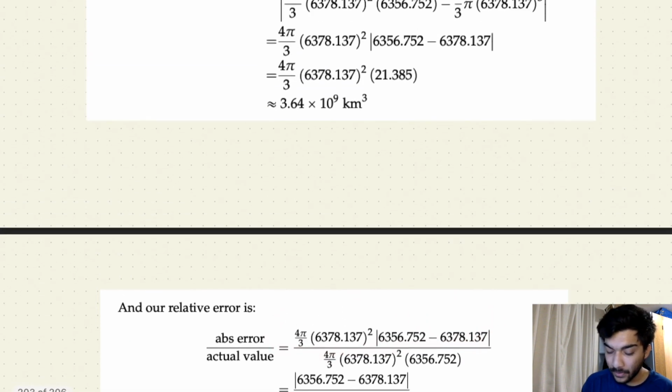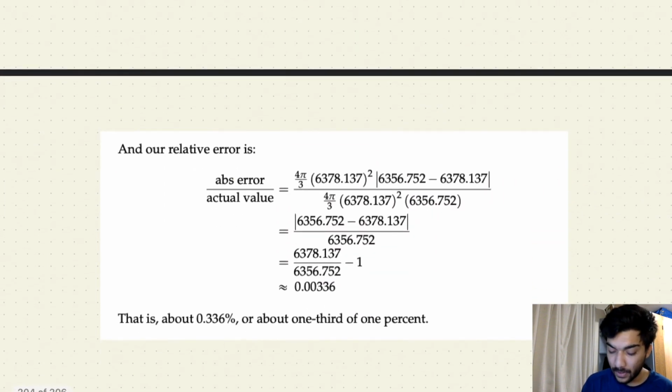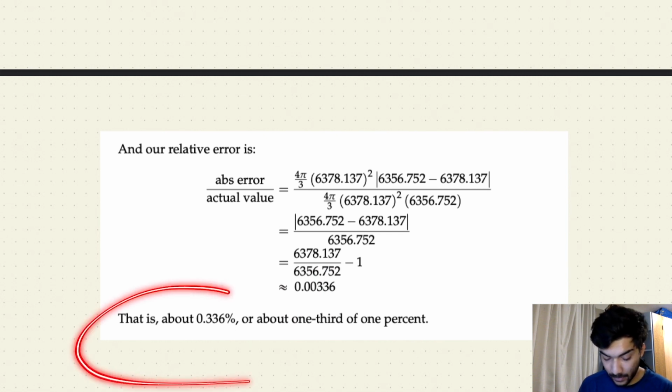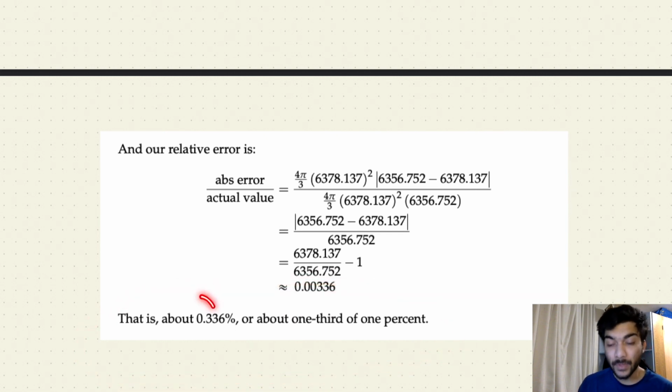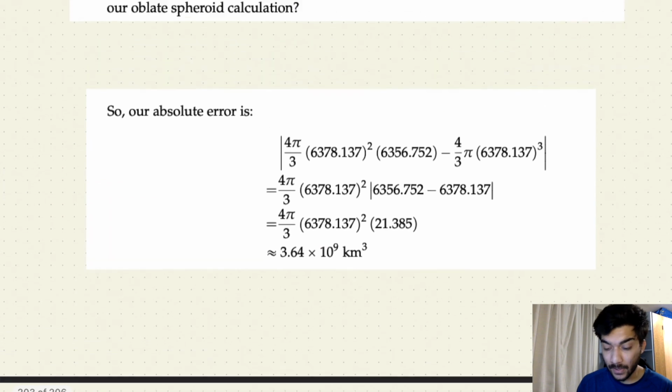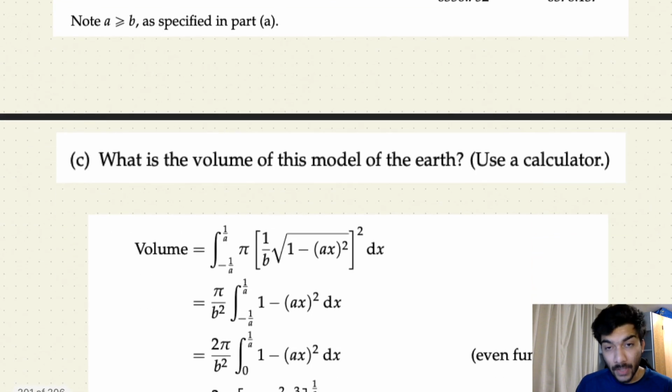This is your absolute error, the same as over here. If you divide the absolute error by the actual value, you'll get 0.00336, and if you convert it into a percentage, it would be 0.336% or about 1/3 of 1% relative error in this case, right? So that's it for this video.